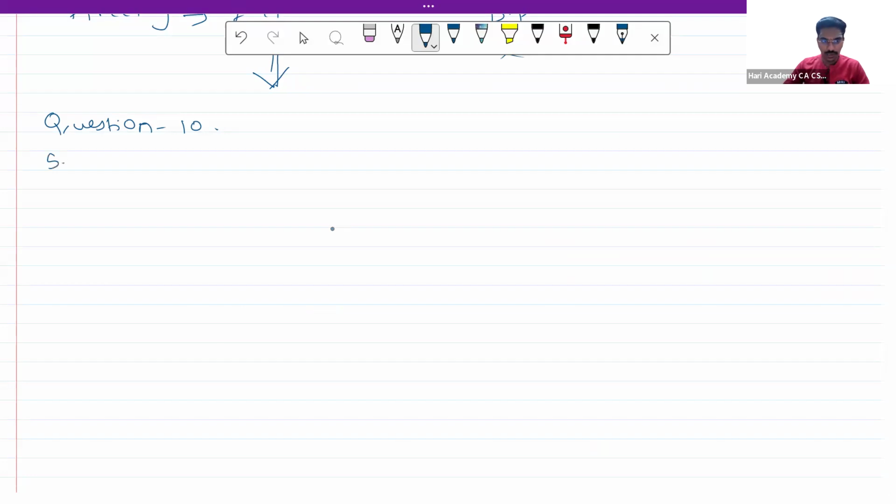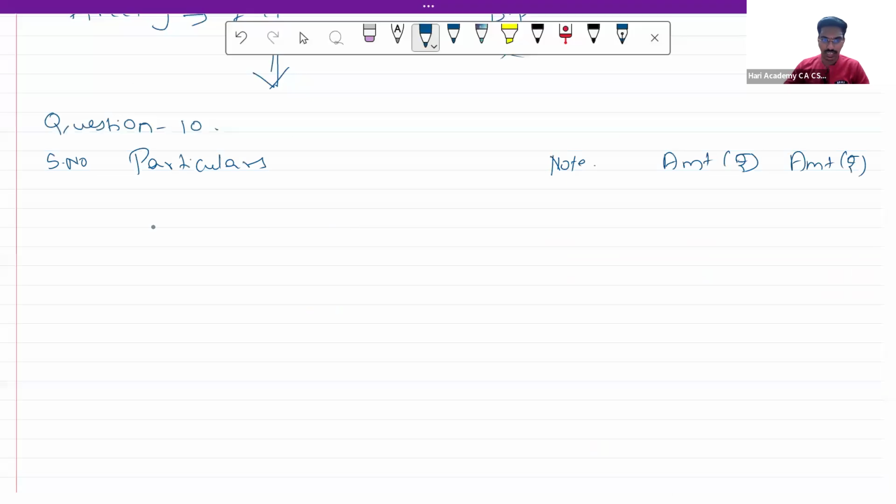So first it is serial number, particulars, note number, amount in rupees. This should be your format in every question. Don't change this format.